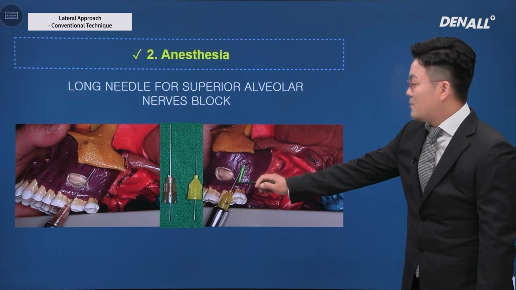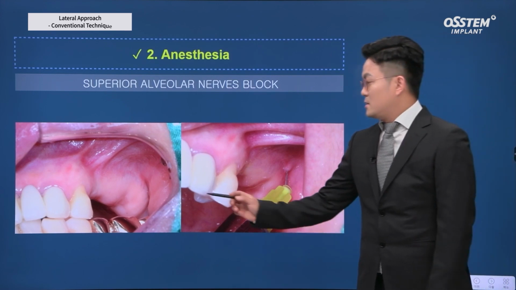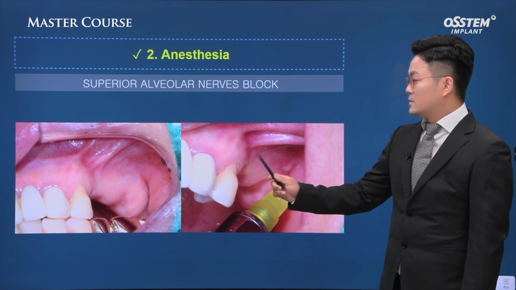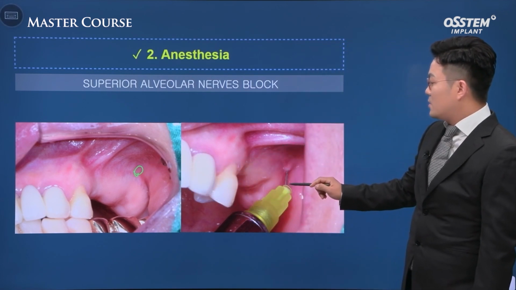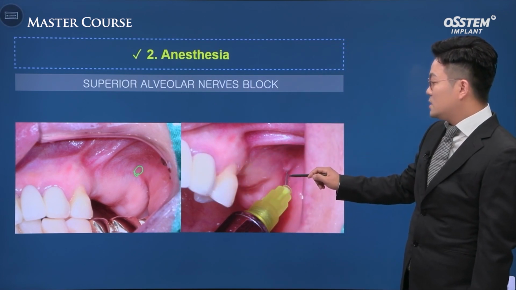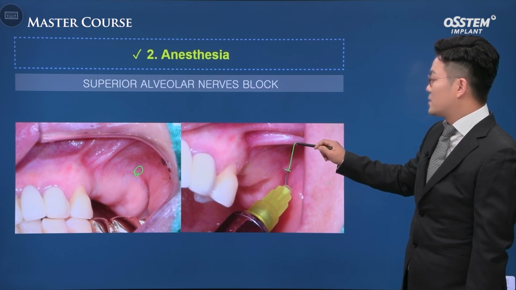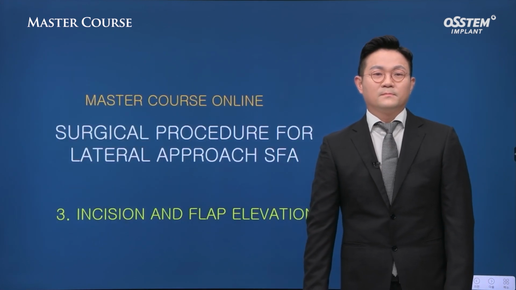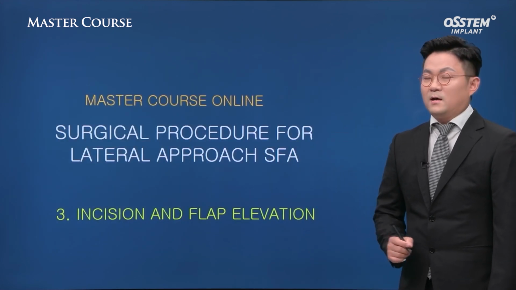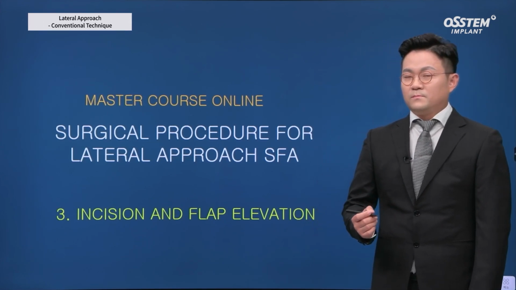So you have to do it with a long needle. More than 70% upper on the vestibule side is the point where you do the anesthesia. So you have to disinfect it and then do anesthesia.